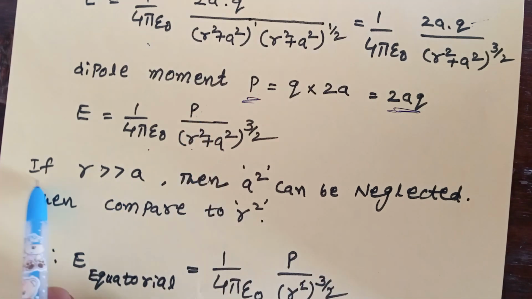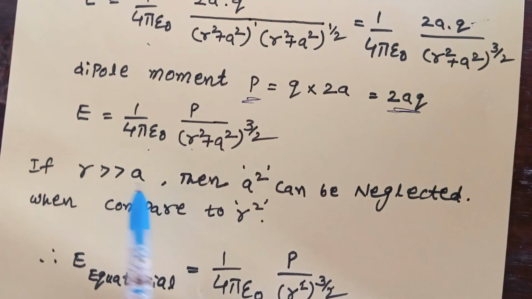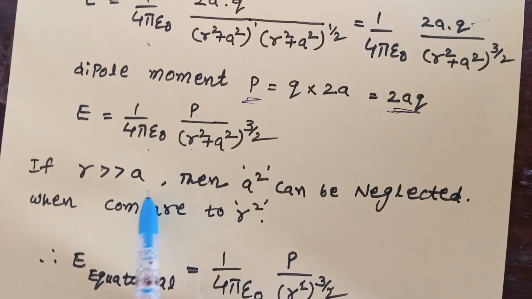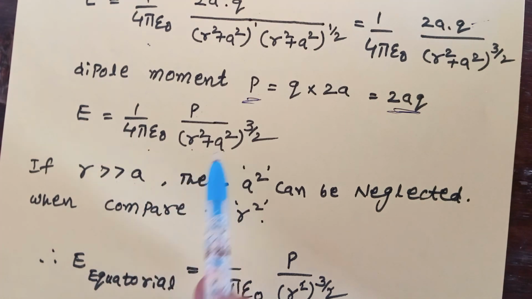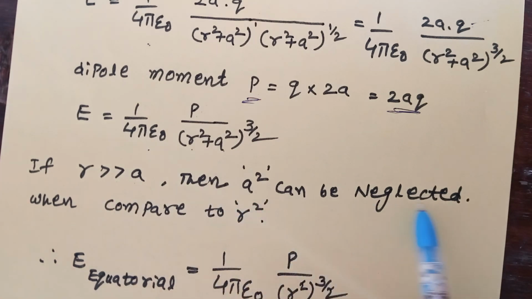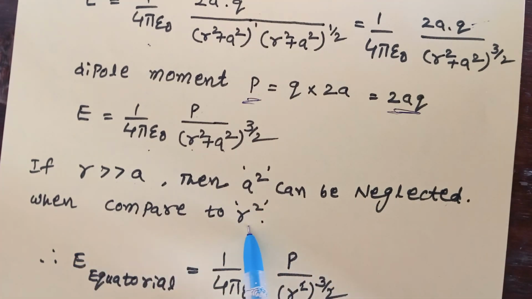If r is greater than a, compared to r distance, a distance is small from the diagram. Then a square can be neglected when compared to r square.